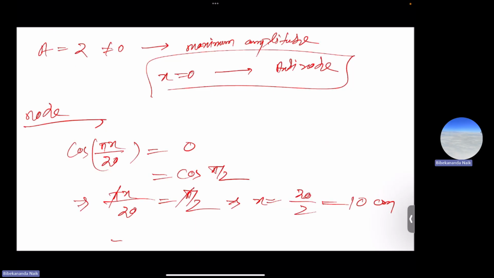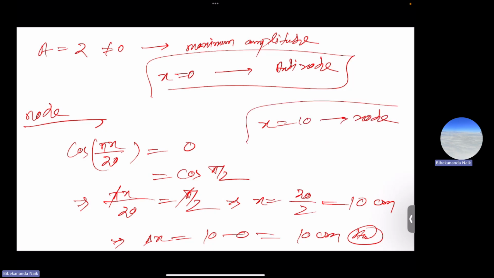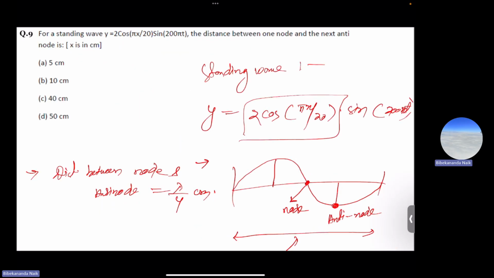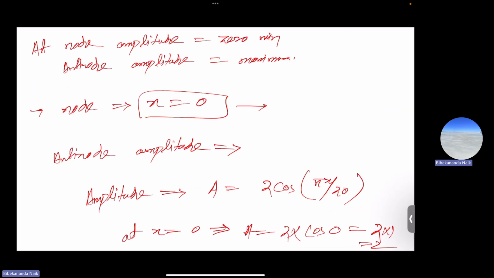So delta x will be 10 minus 0, that is 10 centimeter. So x 0 is antinode, x 10 is node. So the distance between one node and one antinode is 10 centimeter. I hope this is clear to everyone.